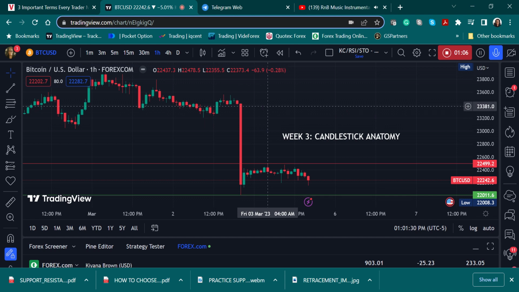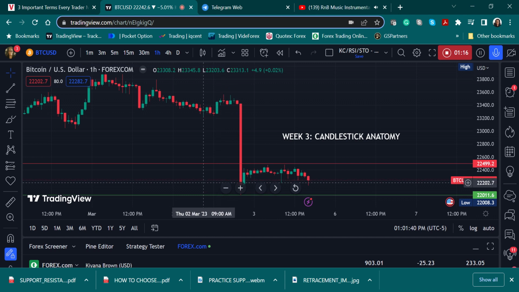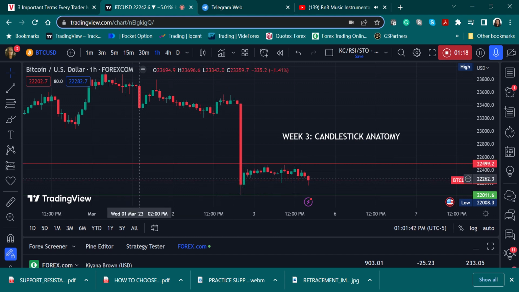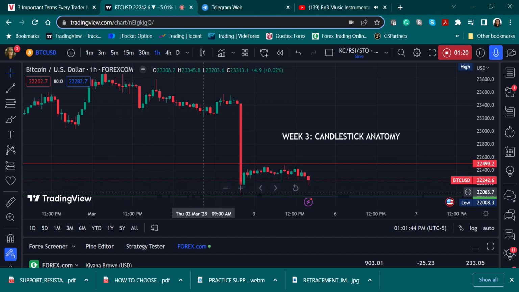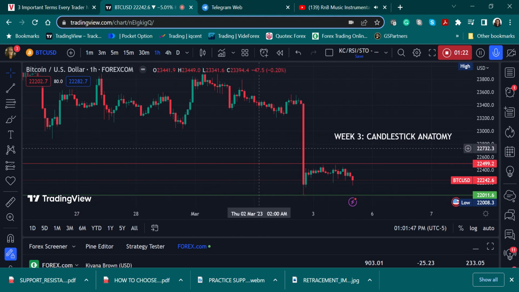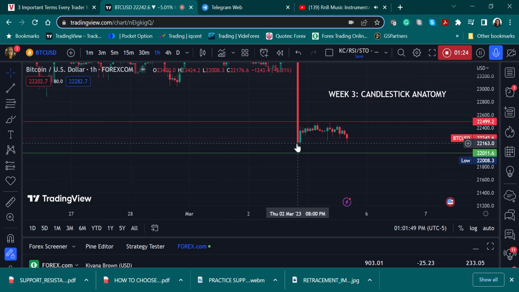A bearish candlestick's opening starts here, and then it travels downward, and then the close would be this flat piece right here. Let me move this up so you can see this flat piece right there would be called the close.